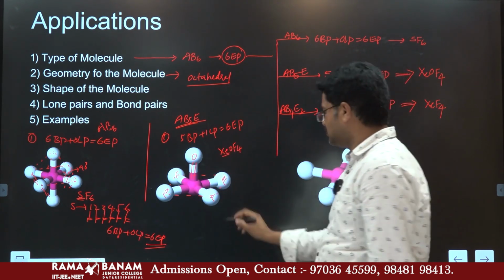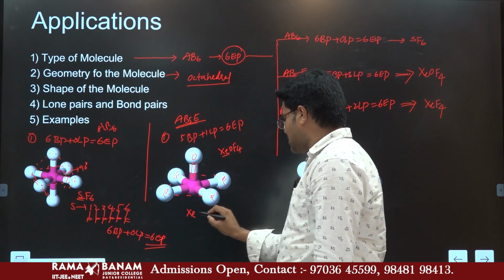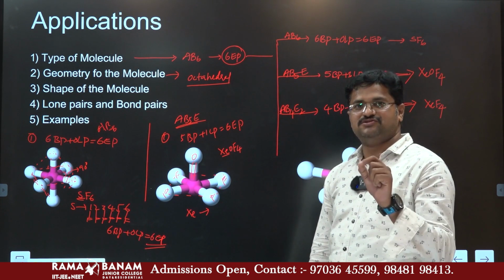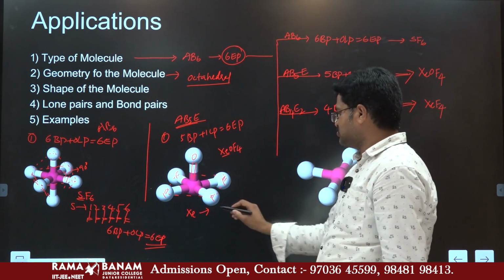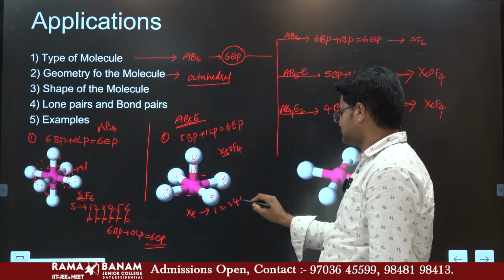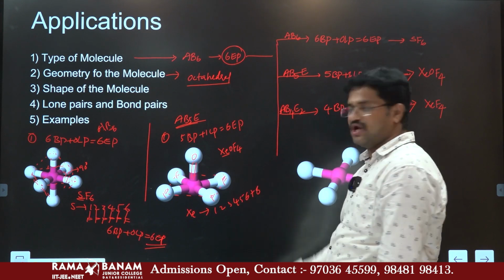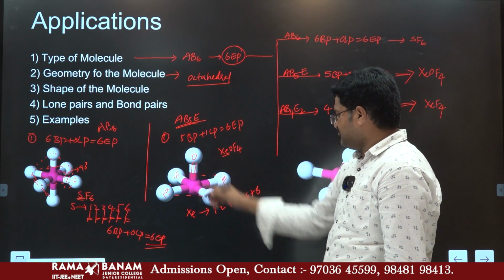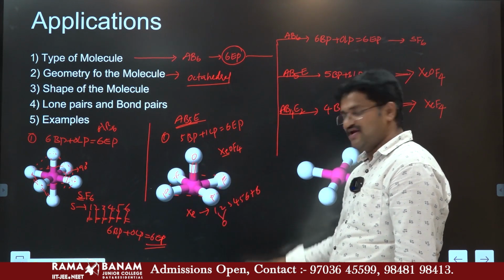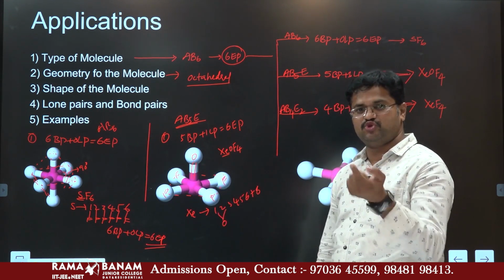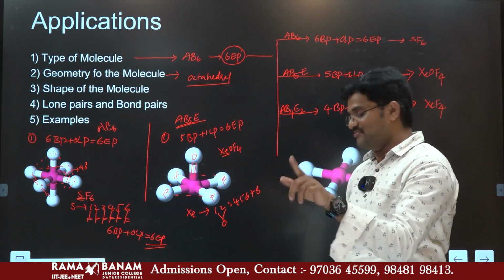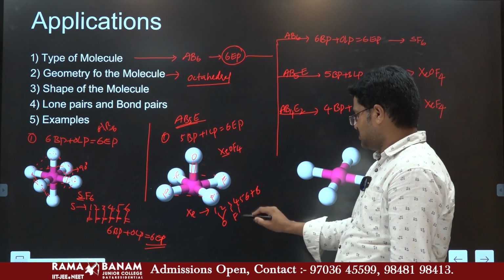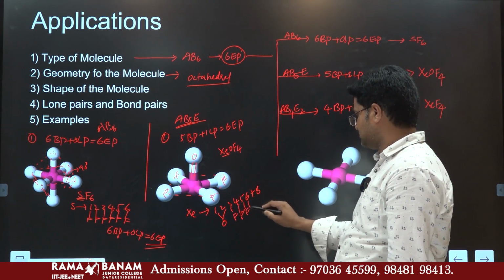In xenon oxytetrafluoride, xenon belongs to the zero group elements, so 8 electrons in valence shell. Oxygen forms a double bond, so 2 electrons are required. Fluorine forms single bonds, and there are 4 fluorines, so 4 electrons are required.